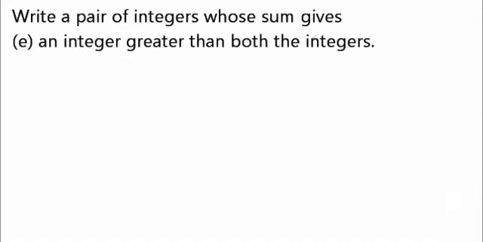We'll do the fifth one first. We want to take an integer greater than both the integers. So in this case, it is obvious that if I want the integer to be greater than both the integers, I have to take both positive integers. Because if any of them is a negative integer, I am going to move towards left. For example, let's say I take -1 and +5.